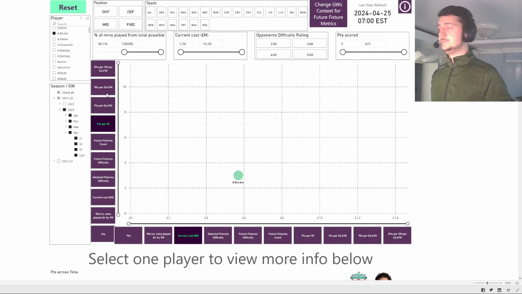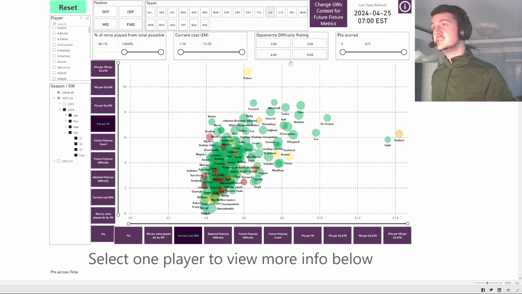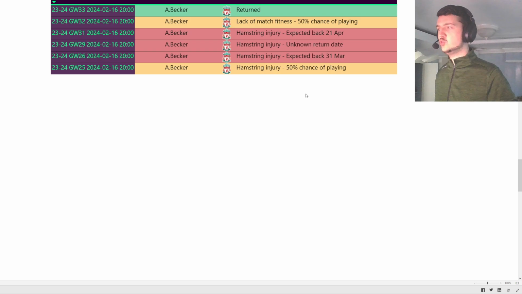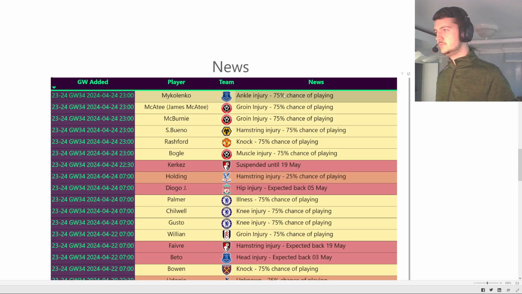I'll go onto the news page in a little bit because there are some intricacies with how the API is calculating the dates. But just to mention that all of these slicers trickle down to the entire page, as you would think. So if I select Liverpool, it will show me all the news related to Liverpool.